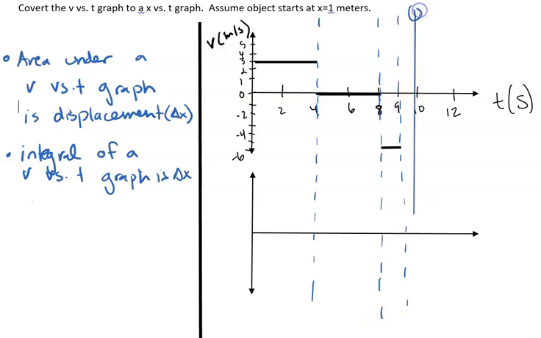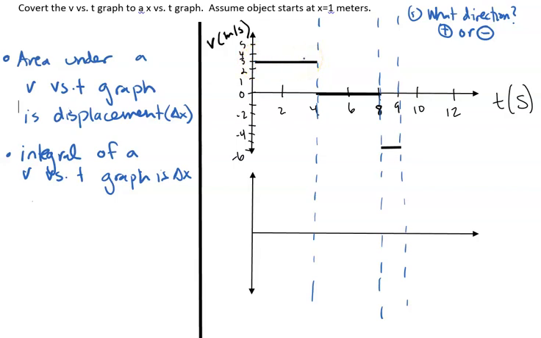So now I'm going to answer 2 questions. First, what direction is the object moving? Is it moving in the positive or negative direction? And again, I'm only going to use the velocity versus time graph to figure that out. So right here, for the first 4 seconds, it's moving 3 meters per second.